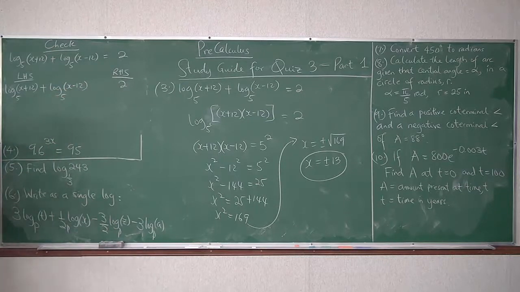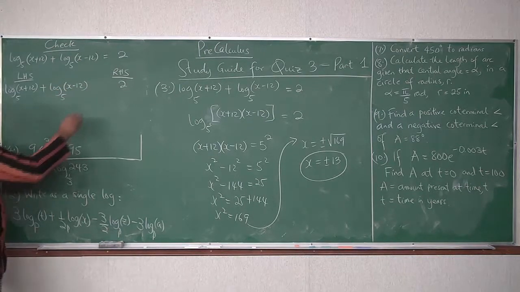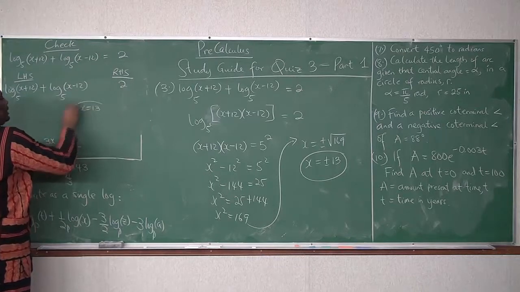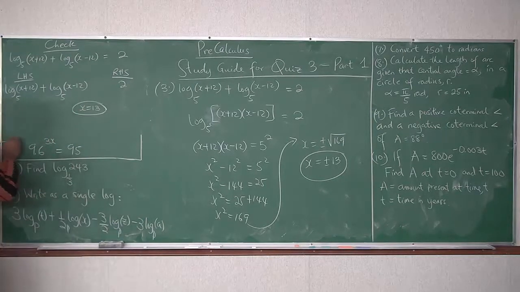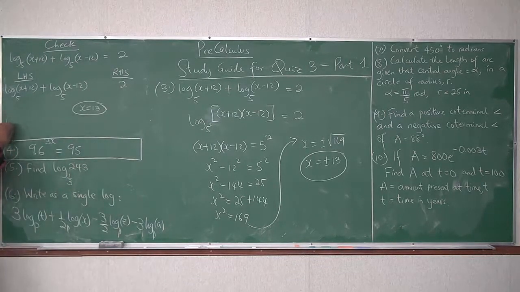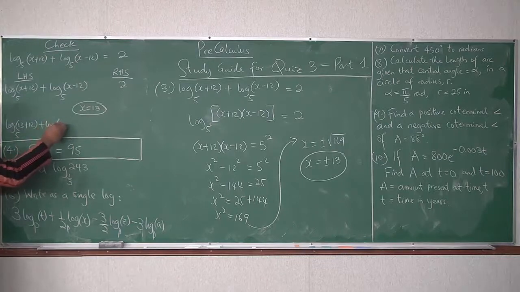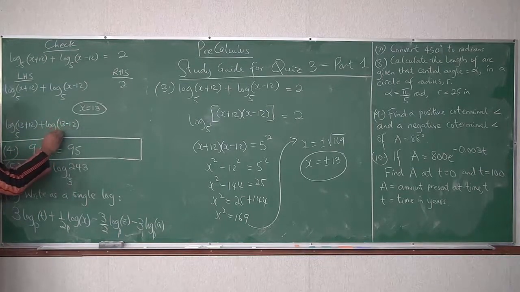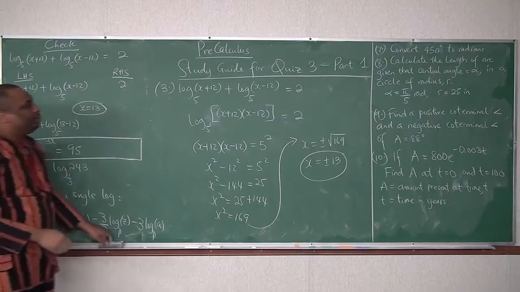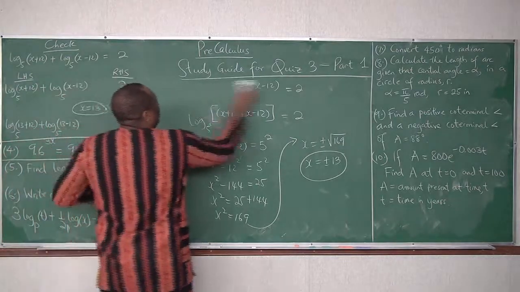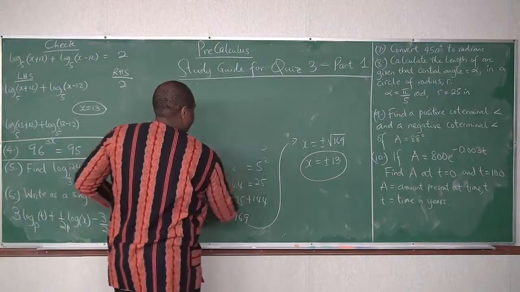Let's check first for x equal to 13. If we do that, we have log 13 plus 12 base 5 plus log 13 minus 12 base 5.